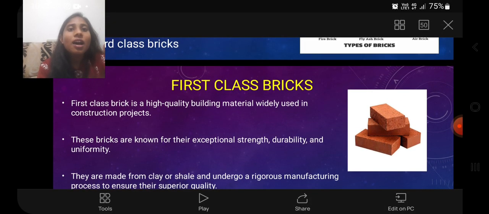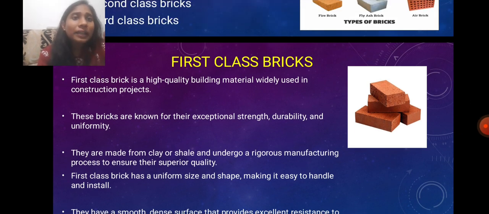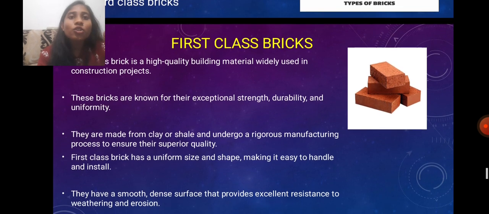First class bricks. First class bricks are a high quality brick material widely used for construction projects. These bricks are known for their strength, durability and uniformity. They are made from clay and undergo a manufacturing process that enhances their superior qualities.